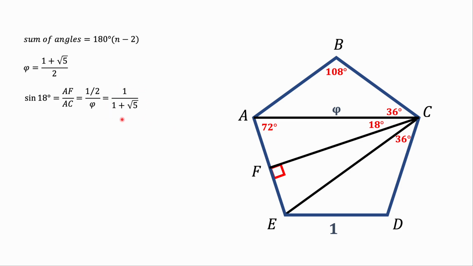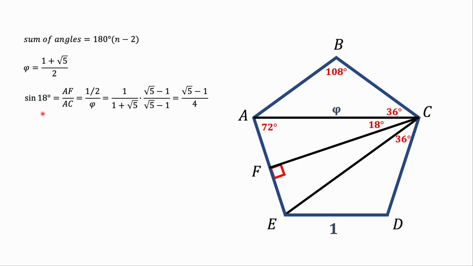But if you go online and look for the sine of 18 degrees, you normally don't see this formula. And that's because many people don't like to have irrationality in the denominator. So what they do, they divide and multiply this expression by the conjugate of the denominator, which is square root of 5 minus 1. And if you do, you get this answer.